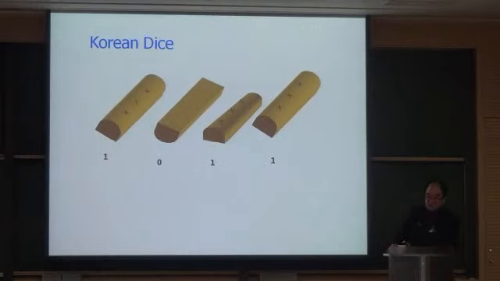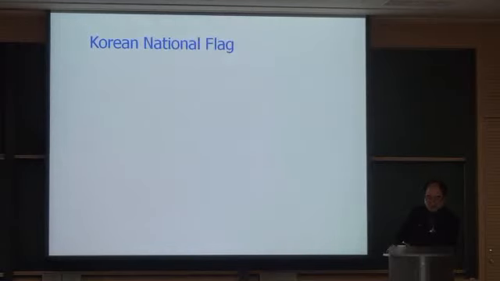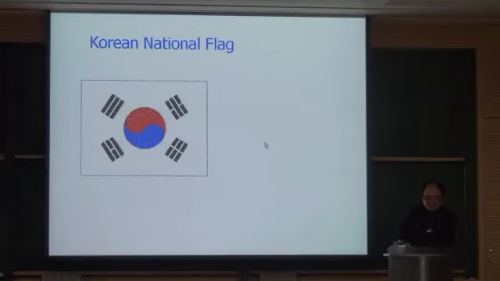That's maybe why we are so strong in information technology in Korea. And also the Korean national flag, if you could see these bars around the flag, actually this represents a 1 and this represents 0. So they try to represent the universe with 1s and 0s.